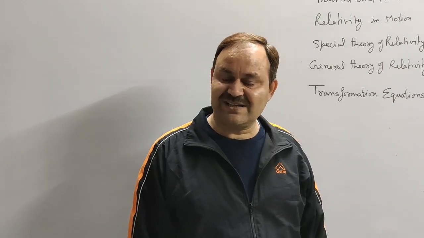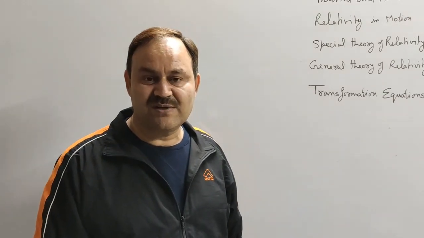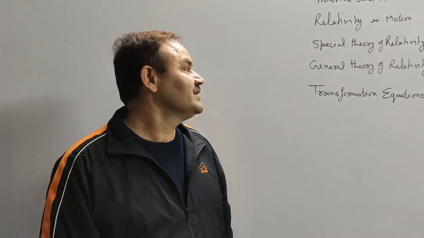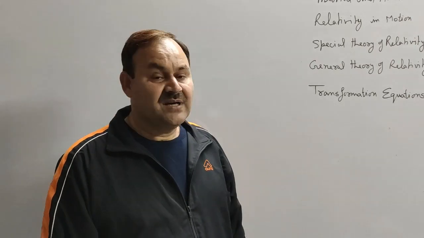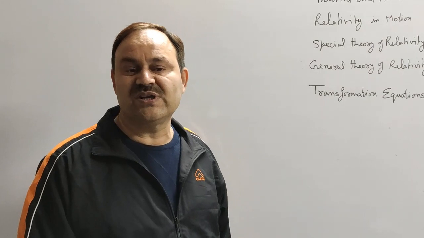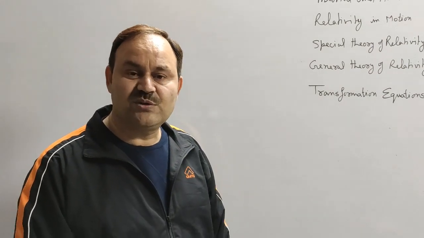But if the observer observing the body is accelerating, it means the object is placed in non-inertial frame of reference, then the theory of relativity will be called general theory of relativity.